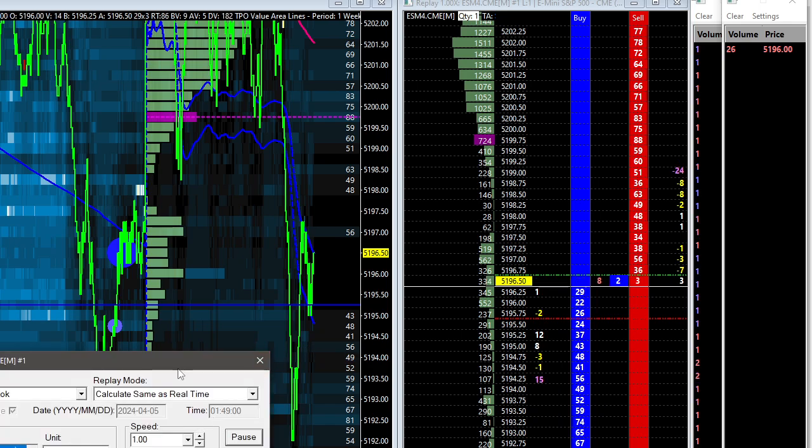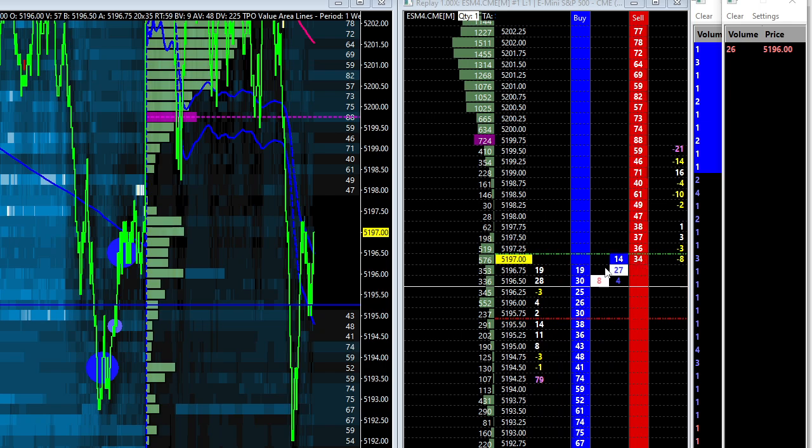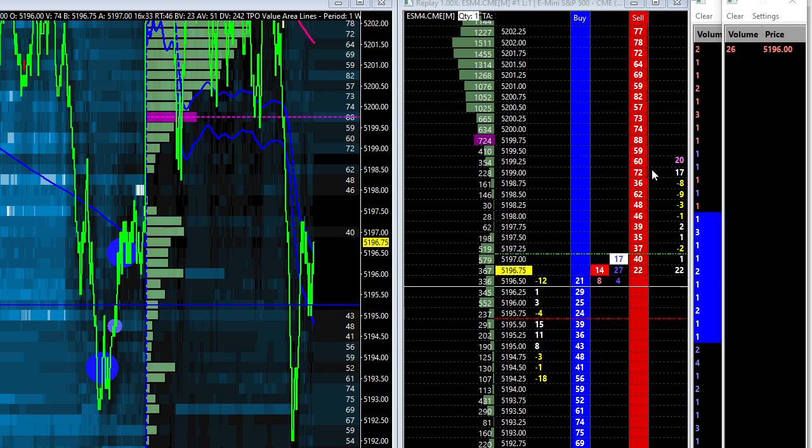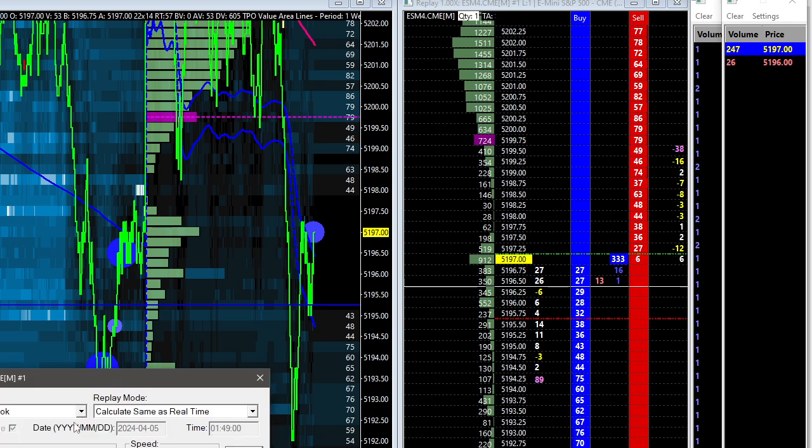So right now we can see that 14 has just been executed at the offer, 29 has been added. Price has ticked down, 2 has been sold into this price. See, the market continually goes up and rotates. Big trade offer lifted.